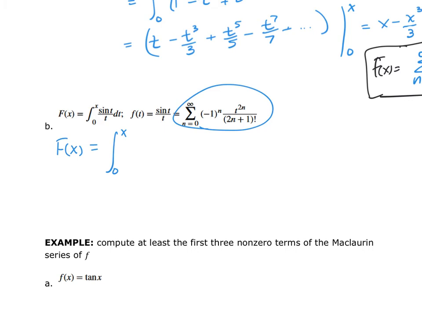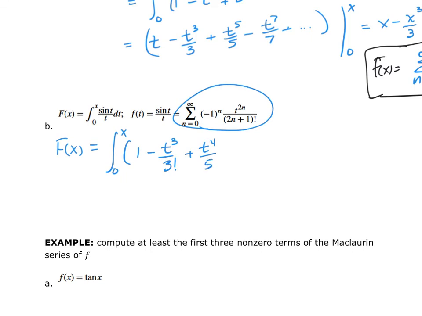To save myself some time and some writing, I'm just going to start putting in n equals 0, n equals 1, n equals 2.